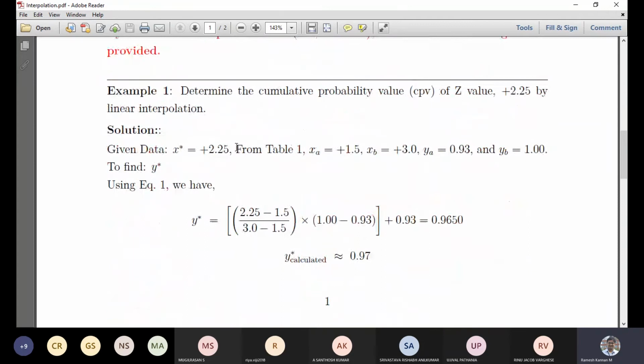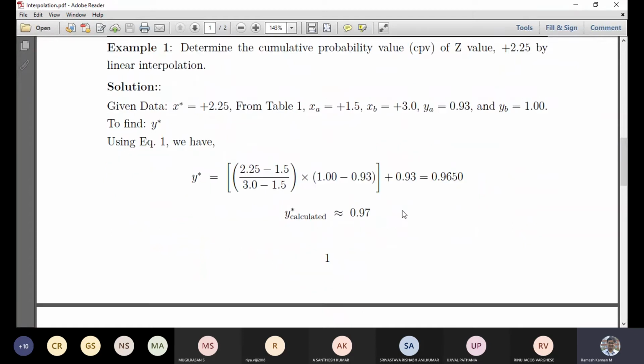So x star is plus 2.25, which is given. From table 1, we find xa, the lower bound, is plus 1.5, the upper bound of x is plus 3.0, and y is 0.93 and 1.0. Substitute that in the formula and we'll get almost 0.9650. You can round to the nearest decimal places.